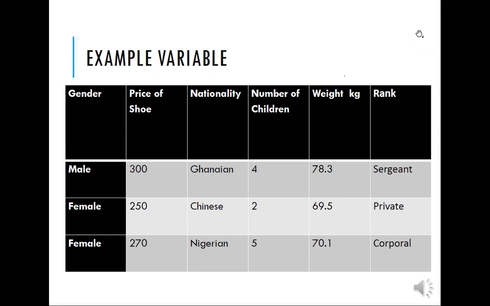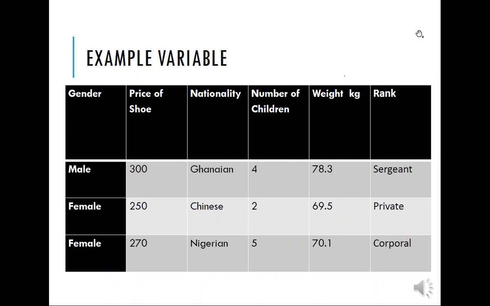Weight in kilograms, when we measure our weight, we all see some decimal places. It's always a numerical value. Then rank will also be non-numeric. It's going to be in words, not figures. You understand? So on the face view of this table, you realize that some data are numeric, are figures, whilst other data sets like Ghanaian, Chinese, Nigerian, sergeants are non-numeric.